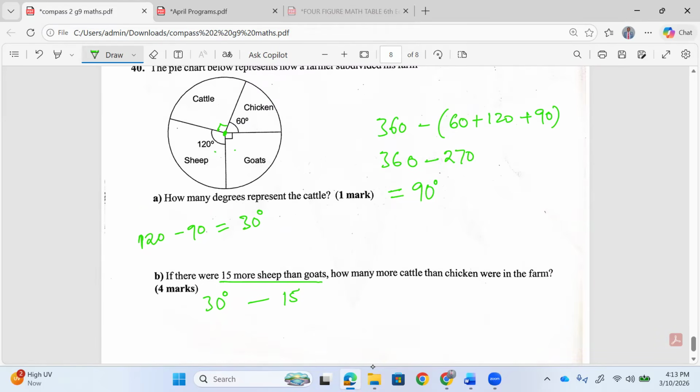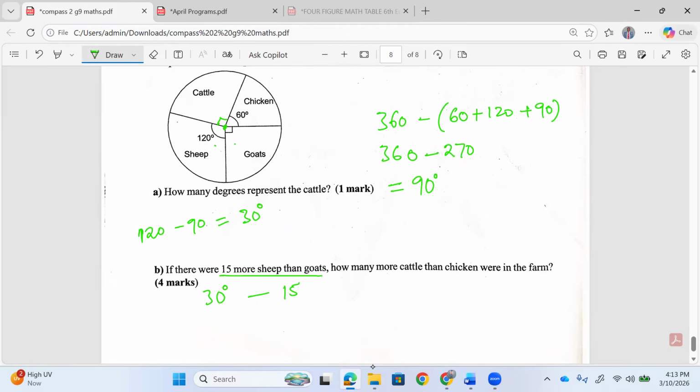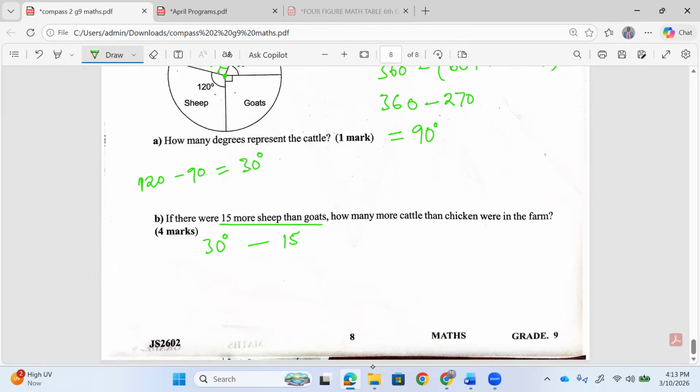Cattle were 90, chicken 60. Again, you can see cattle is 90 and chicken is 60. There is also a difference of 30. That is very wonderful. So 15 by 30 out of 30, giving us 15. Sheep are ahead of goats by 30 degrees, and that represents 15 animals.